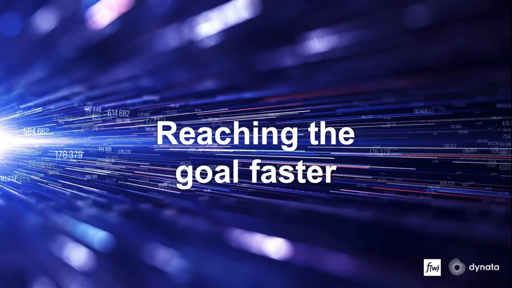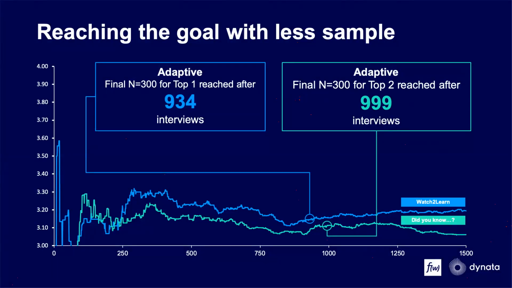Well, if you now say, I'm only interested in speed, that's the other side of the coin, and the other area where the algorithm can be more efficient. For the top 2 winners from our study here, Watch to Learn and Did You Know, monadic would have stopped after 1,500 observations overall, right? That would be field. With the adaptive design, we could have stopped the field after 999 interviews already, because the top 2 names would have been filled with up to 300 observations each by then.